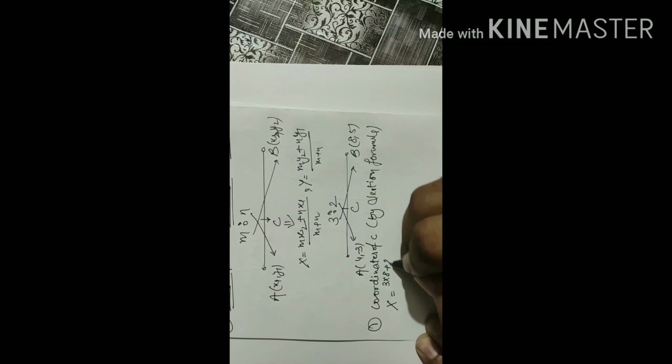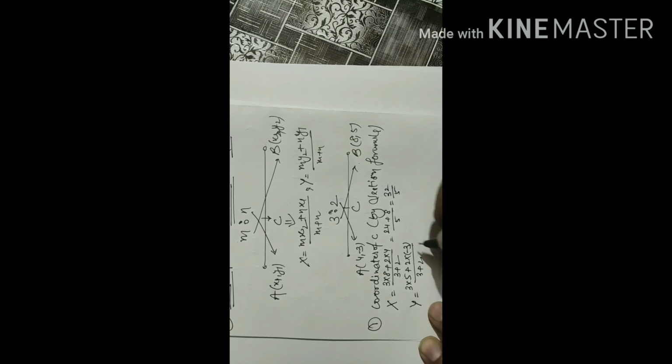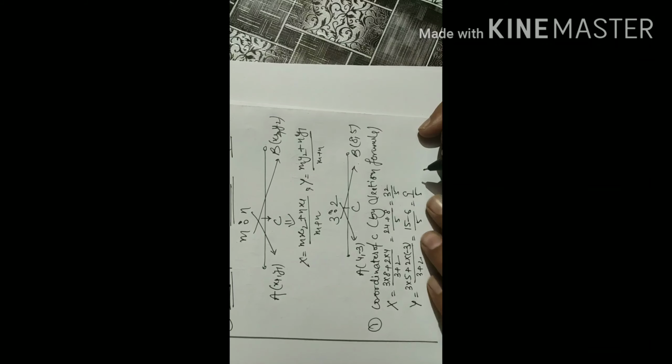And for the y coordinate, 3 multiplied by 5 plus 2 multiplied by minus 3. We use brackets here because the value is negative. If we simplify, 3 times 8 is 24 plus 8, divided by the total 5, gives 32 by 5. Similarly, 15 minus 6 by 5 is 9 by 5. So the coordinates of point C are 32 by 5 and 9 by 5.